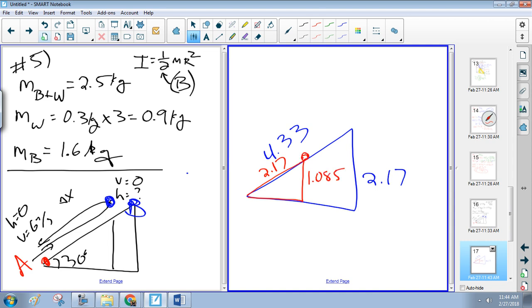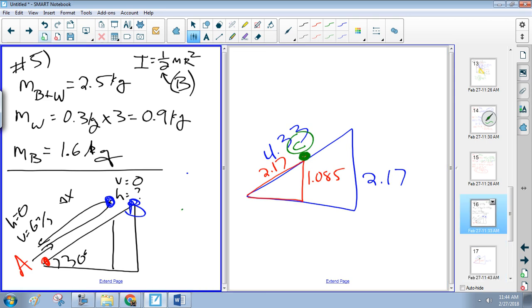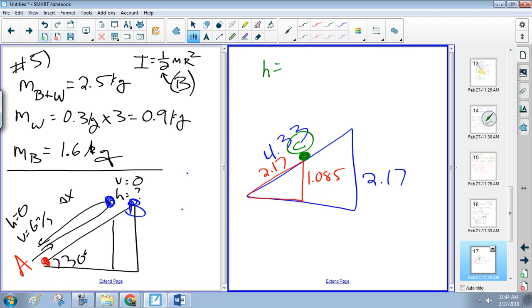And so what I want to know is the velocity at that point there. So let's call this point C right there. At point C, I know the height is 1.085 meters, and I want to find the velocity at that point.